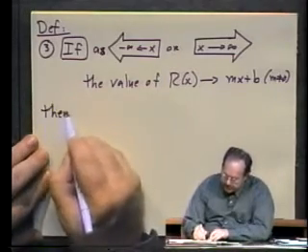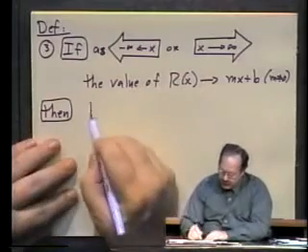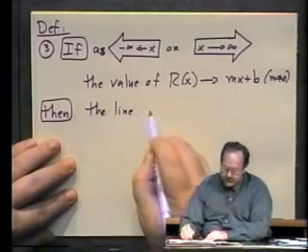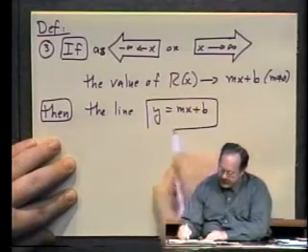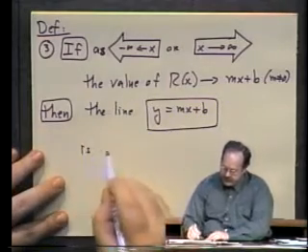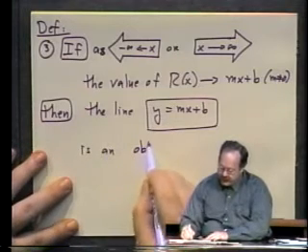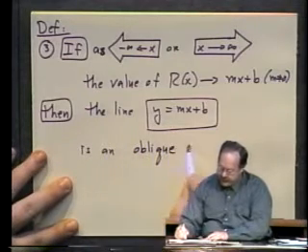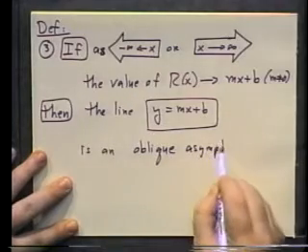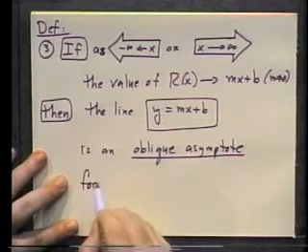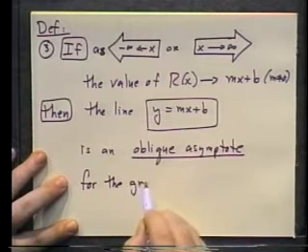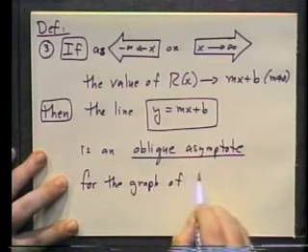Then the line, which is y equals mx plus b, that line is what's called, and I've used the word already, an oblique asymptote. As opposed to a vertical or horizontal asymptote, this is an oblique asymptote for the graph of r of x.